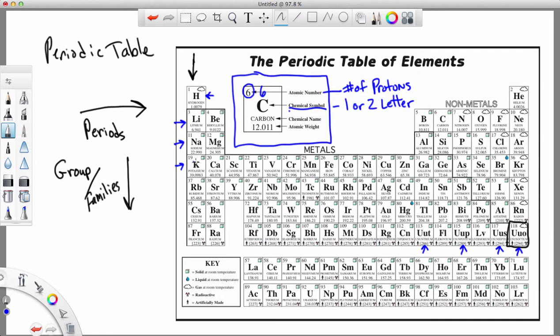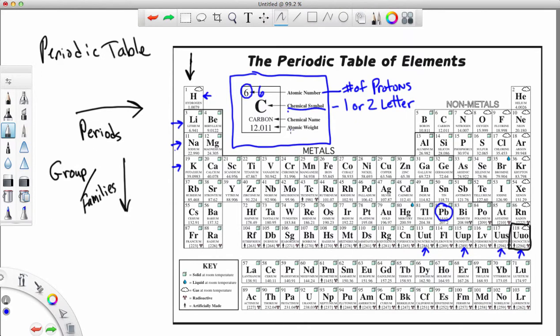For example, Na for sodium: there's no N or A in the word sodium, but Na comes from its Latin name, natrium. Or over here, Pb for lead, which is for plumbum, its Latin name.